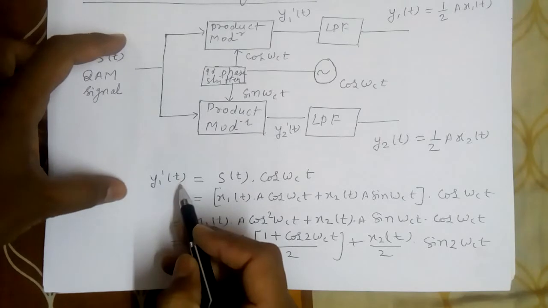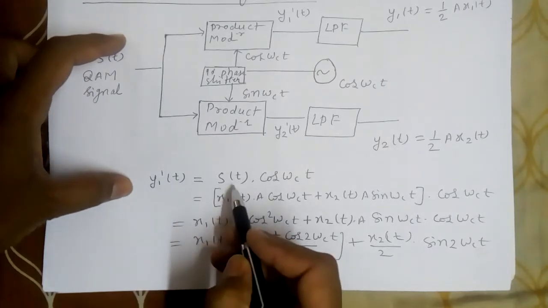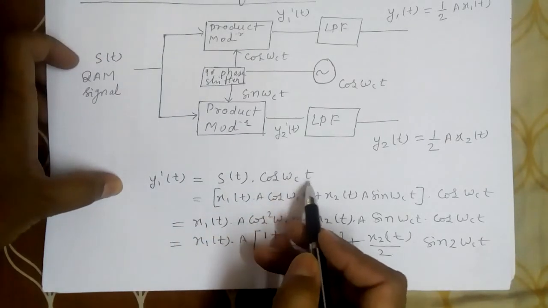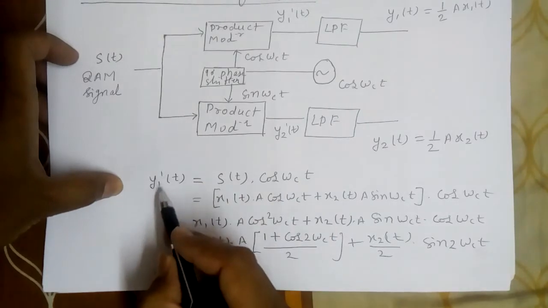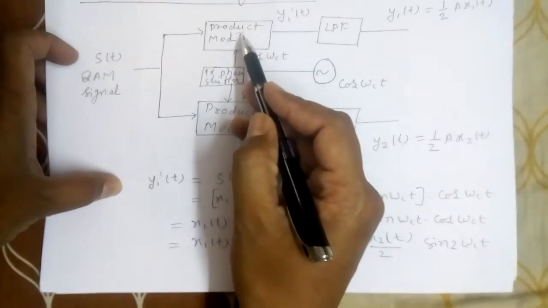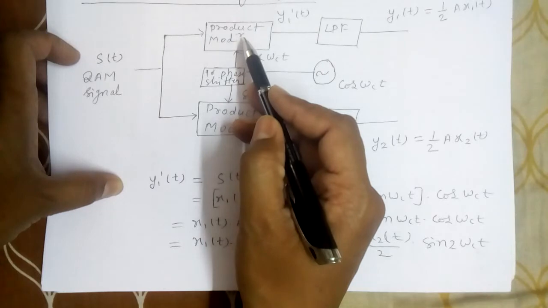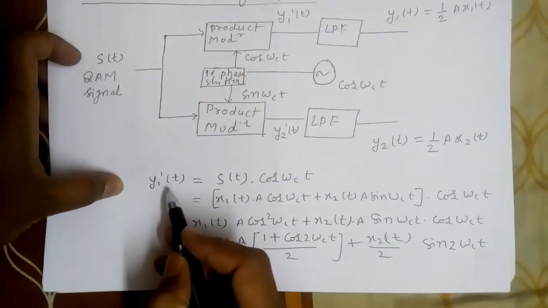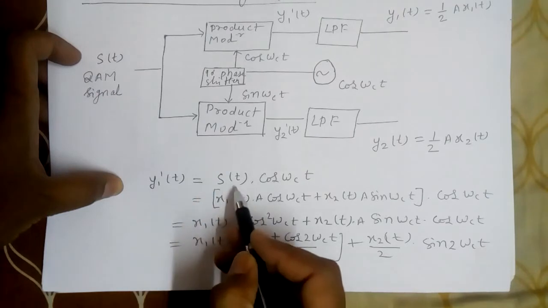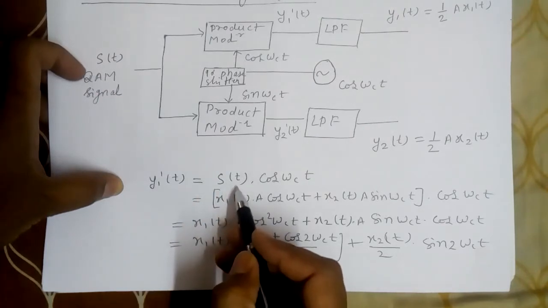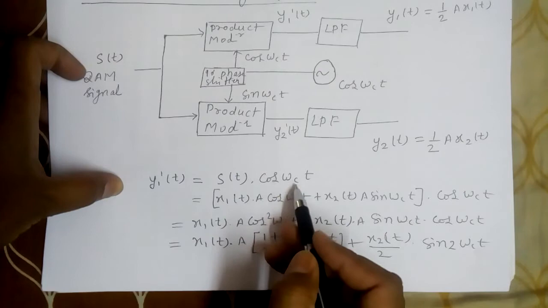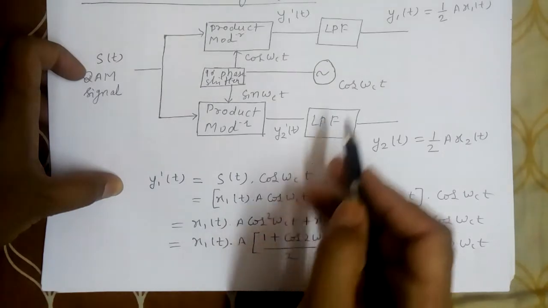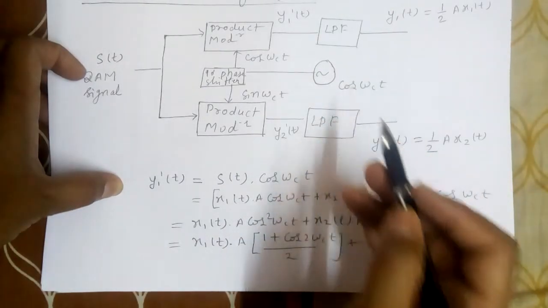Y1 dash t is equal to st into cos omega ct. Here y1 dash t is the output of the product modulator. St is our QAM signal, and cos omega ct is our carrier signal.